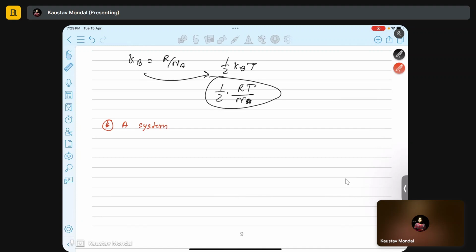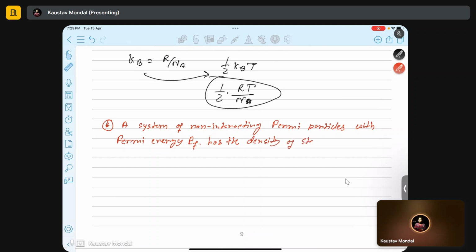A system of non-interacting Fermi particles with Fermi energy EF has the density of states proportional to the square root of E, where E is the energy of a particle.